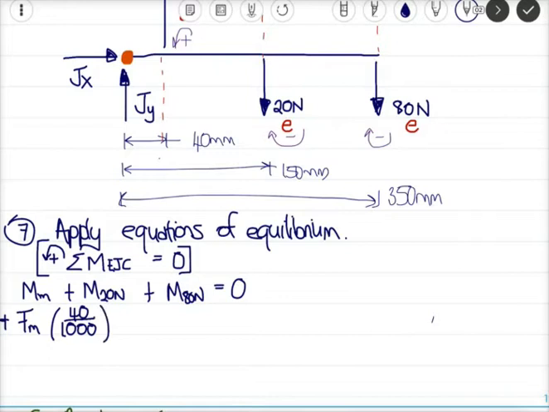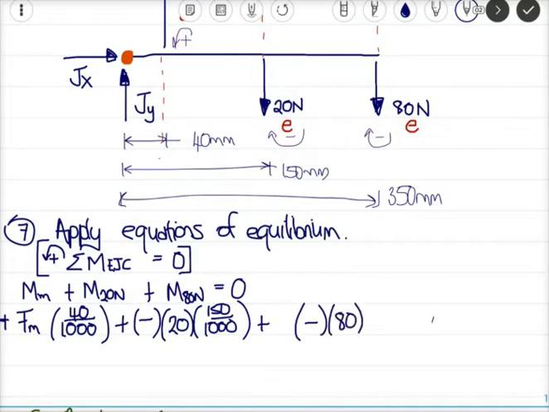So we divide by 1,000 to convert millimeters to meters. Plus, now we've got minus, because it's pulling clockwise, 20 times 150 over 1,000. Plus, minus 80 times 350. And that must all sum to 0 because we're holding this posture.